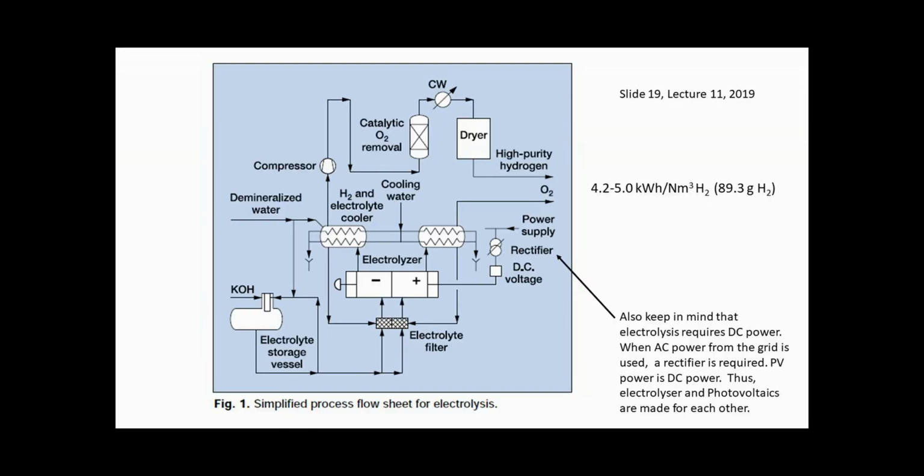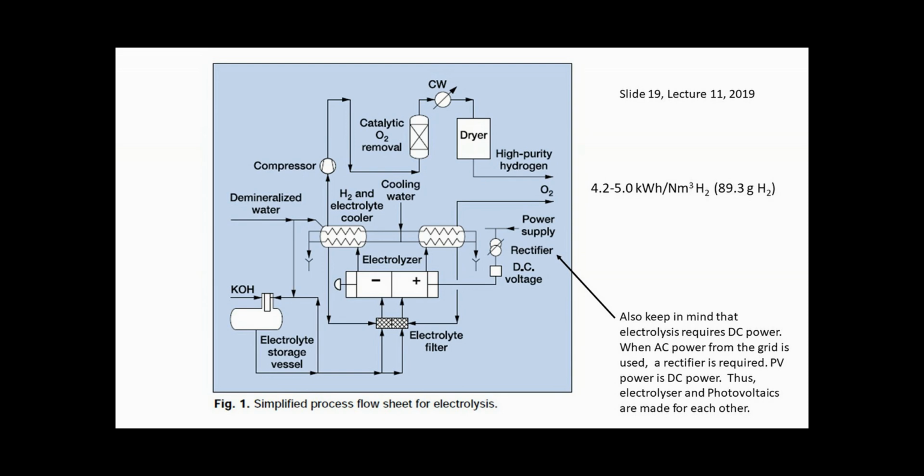There is another point which I should mention: when you are using normal grid power, you have to use a rectifier to convert the AC into DC. And that is another huge advantage of using solar photovoltaics, because one generates DC power, so you can dispense with the use of the rectifier.